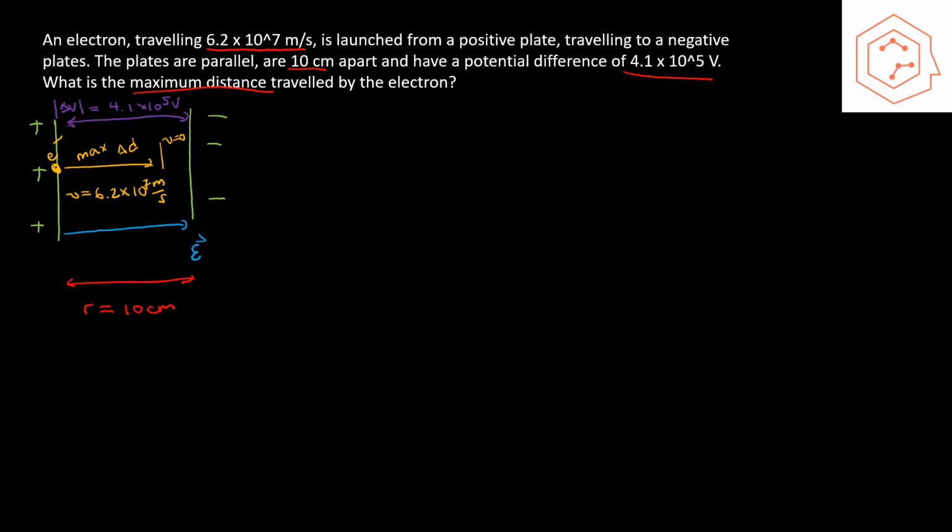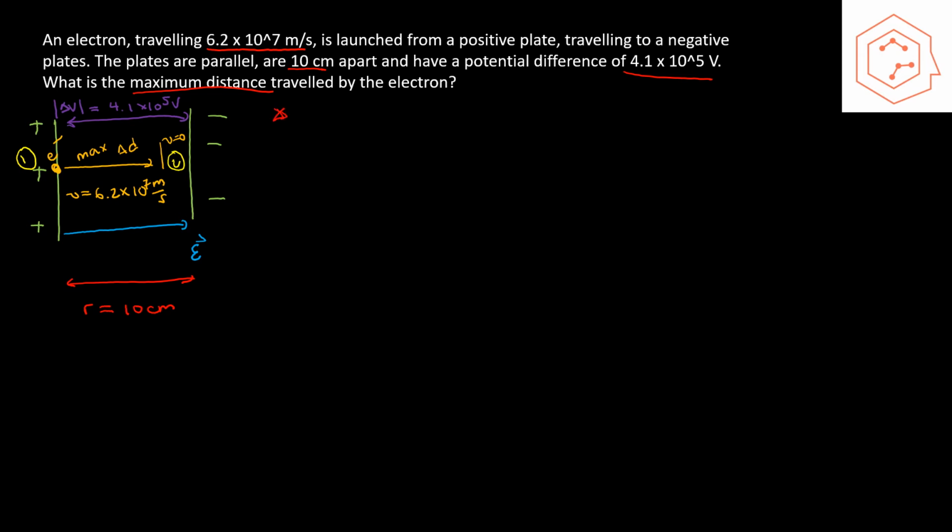Since this is a maximum displacement problem, we're going to resort to the idea of conservation of energy. We'll call this our initial state, and where v is equal to 0, or where the maximum displacement occurs, we'll call that our second state.